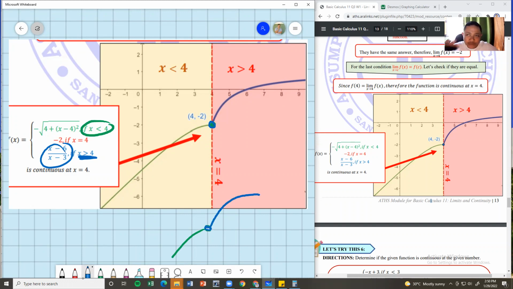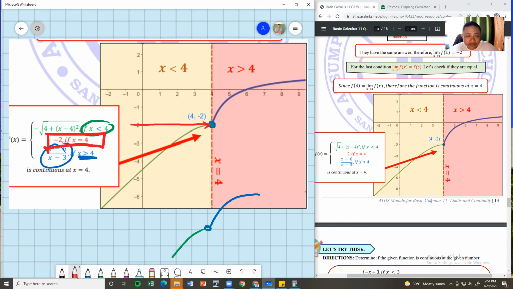To make it continuous, dapat mayroong value na magtutuloy dito. And that value that connected these two functions is this. Ayan, si f of x is negative 2. Because in here, looking at this at negative 2, ayan, ito yung graph niya. Yung broken line na to, yan yung graph nung f of x is equal to negative 2. Ibig sabihin, that in that value, it is in x equals 4, doon siya magiging equal kay negative 2 sa y.